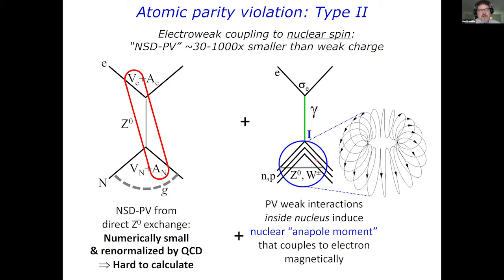It deforms the nuclear shape to create a handedness, which turns out to take the form of a current flowing in the shape of a helical toroid. The magnetic field of this helical toroidal current can interact via a sort of hyperfine interaction with the electron, an ordinary magnetic interaction. And this gives a signal which is indistinguishable from this signal. So there's a lot of physics going on here, and it's all small and hard to measure.